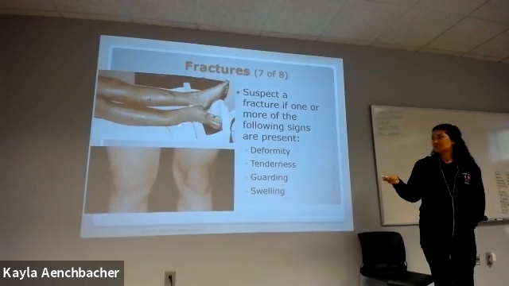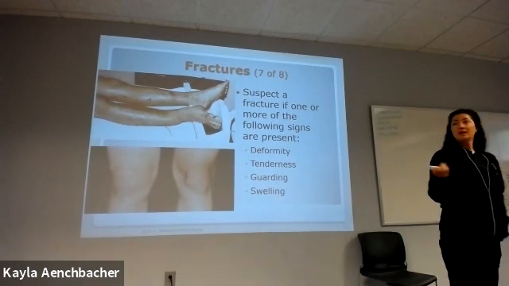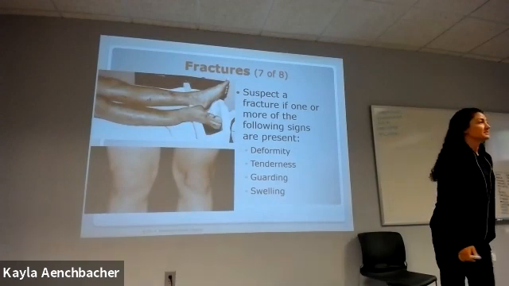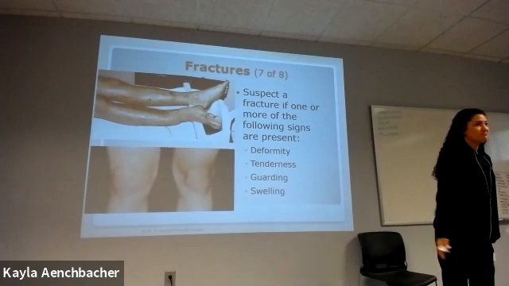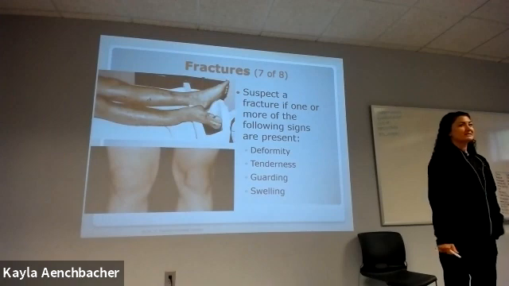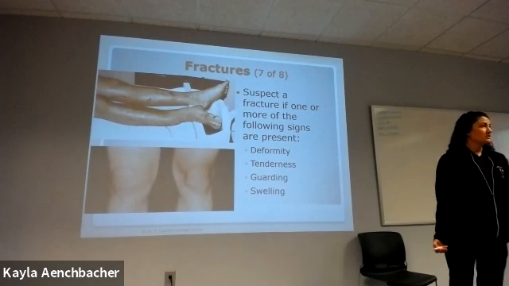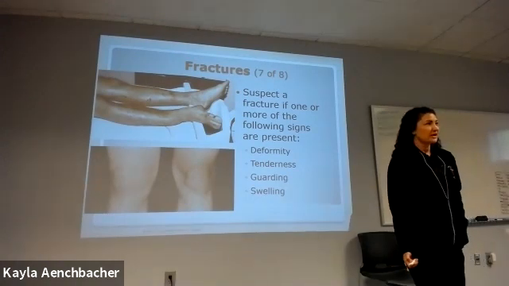But globally, that's a deformity. That does not look like it should. Now, if my patient had rickets or bow legs, maybe that could be baseline for my patient, but I'm going to go ahead and say something's broken there. What else can we do to assess and say, yep, we got a fracture?